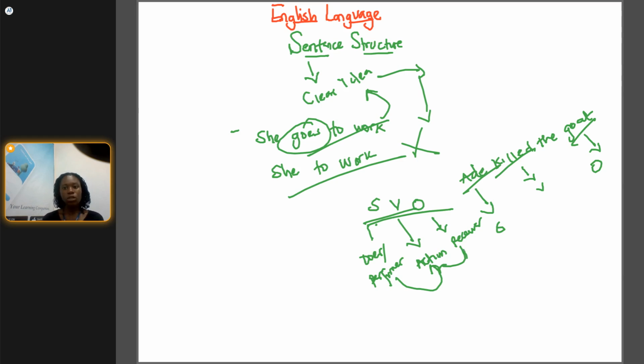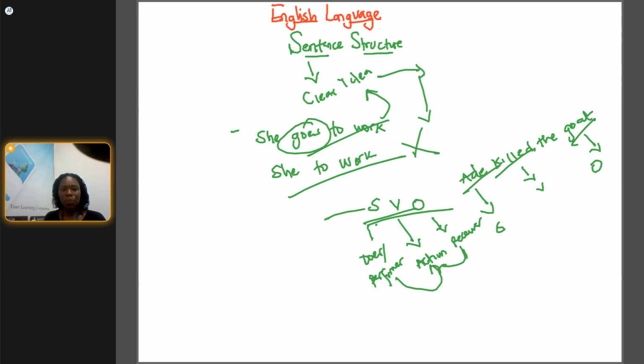All right, so this is the usual illustration that we have, but subject is not limited to just the doer or the performer. So that's why we say the subject is usually what is being talked about, what or who is being talked about in a sentence.